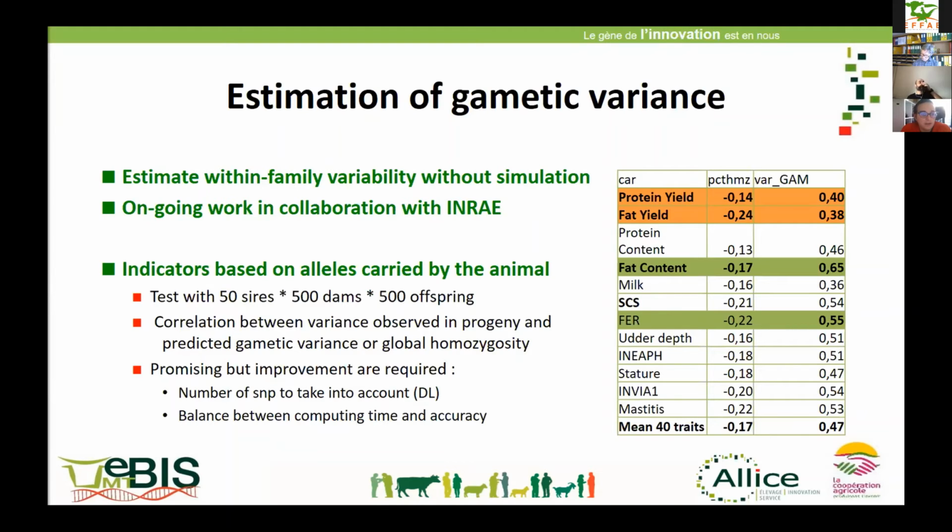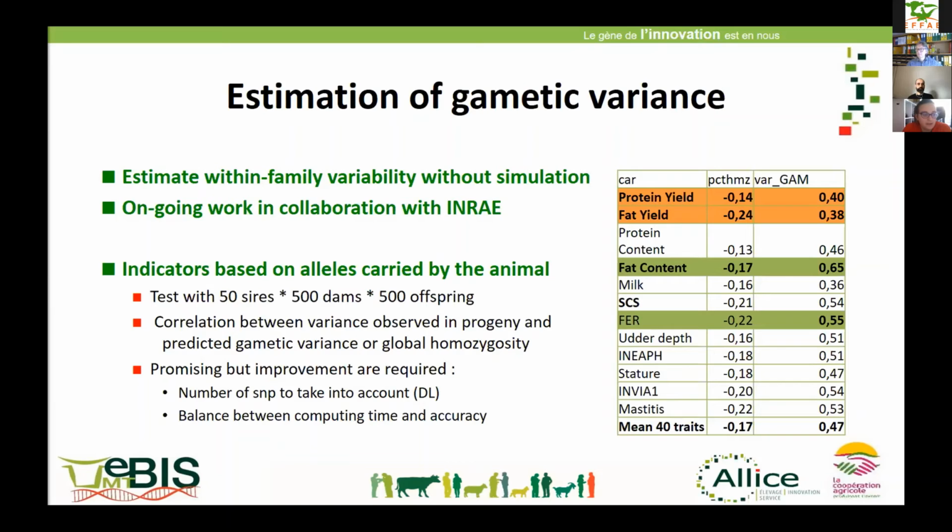So what you'll see is that the homozygous C is clearly not a good indicator because the correlations are quite low. Our first indicator is a little more promising, but still the results are lower than what we expected, because you have correlations ranging from 0.3 to 0.6, so it's still quite low.